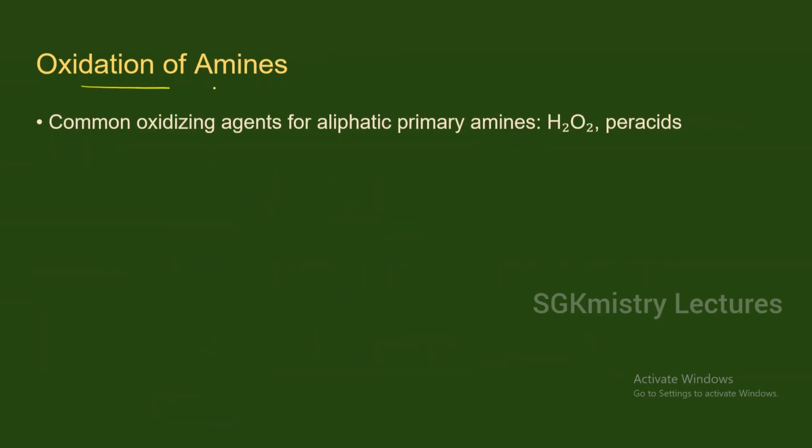Next, coming on to oxidation of amines. The most common reagents for the oxidation of aliphatic primary amines are H2O2, that is hydrogen peroxide, as well as peracids. So let us take the examples. CH3CH2CH2NH2, let us take the primary amine.